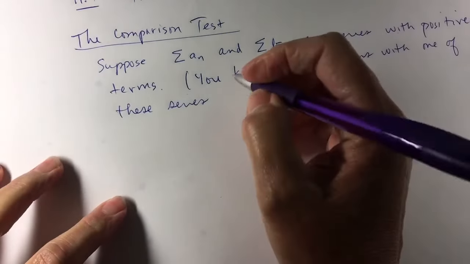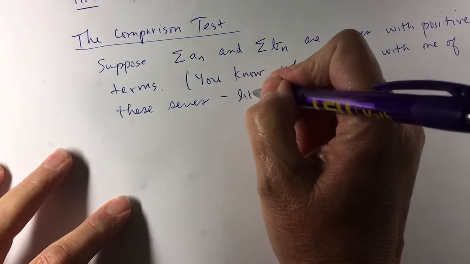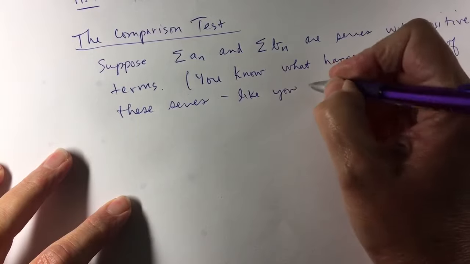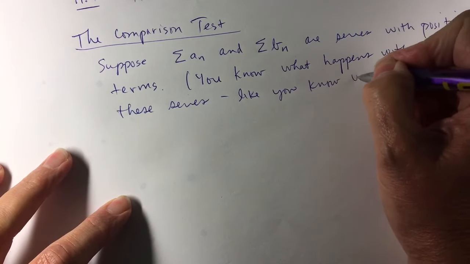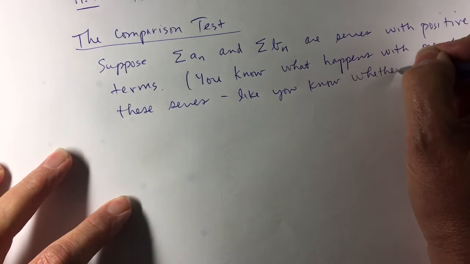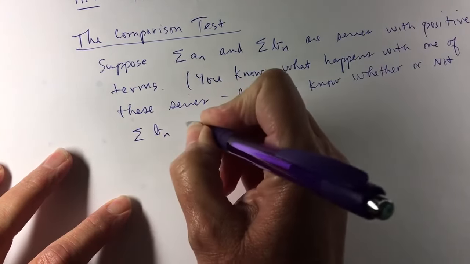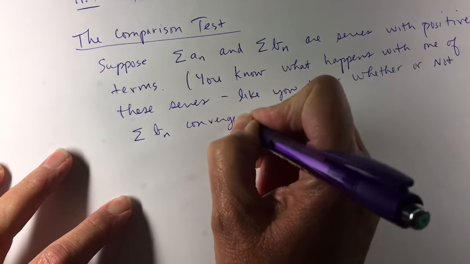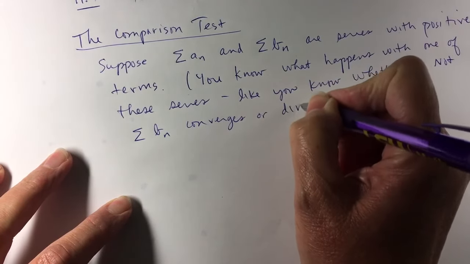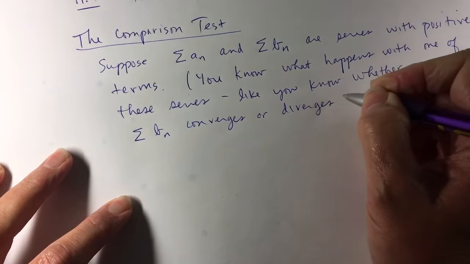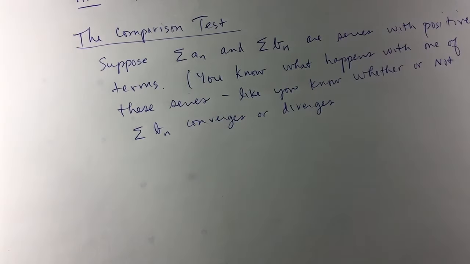So you know whether or not series B sub n converges or diverges, because it's one you pulled out of your toolbox, like it's a P series or it's a geometric series and you know the value of r. So you would know what happens with it.